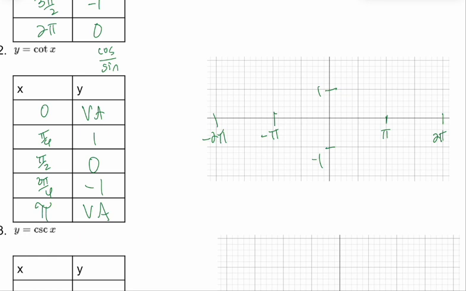So the first thing I want you to put on for a cotangent or tangent is your vertical asymptotes. So we have a vertical asymptote at 0, and then at pi.